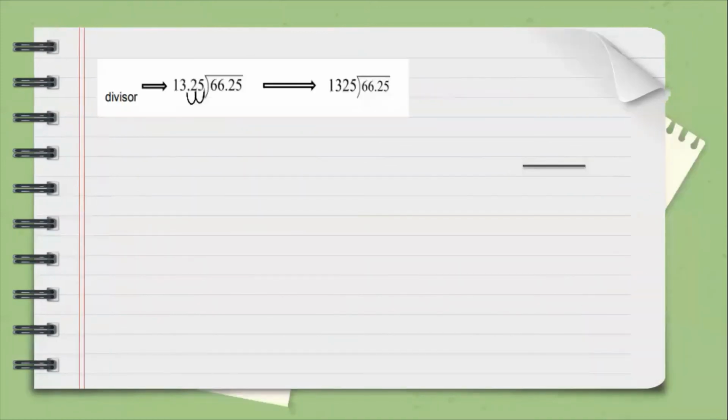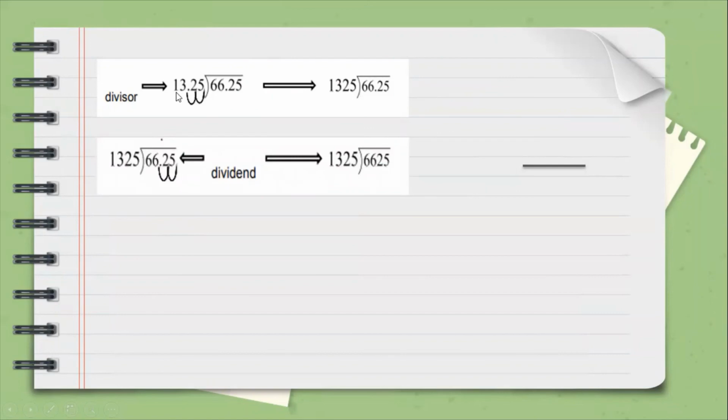This time, the same thing. We need to change our divisor into a whole number by moving our decimal point to the right. So for this one, let us move it to the right. 1, 2, and it's now a whole number, 1,325. And since we moved our decimal point in our divisor 2 places to the right, we're going also to move our decimal point in our dividend 2 places to the right.